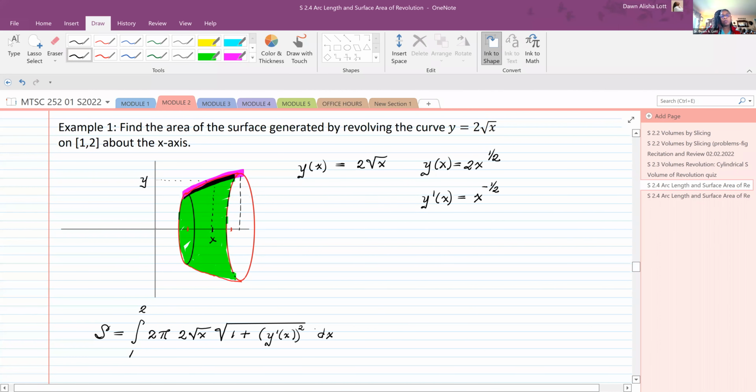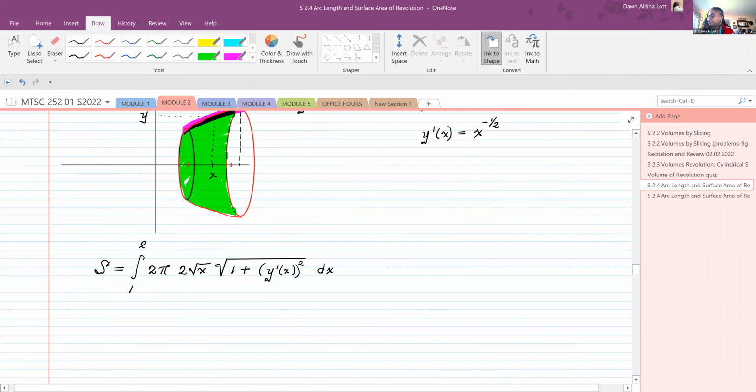So we're going to do like we did before. We're going to simplify this thing first. Because if I don't simplify that, I've got a mess trying to simplify it in my integral.